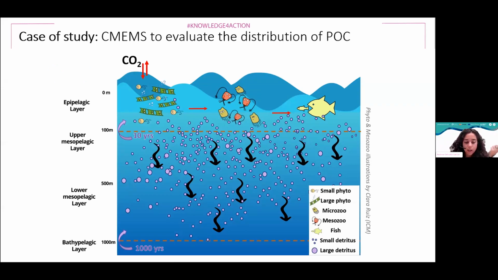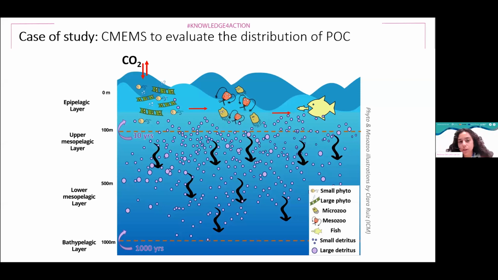It includes the carbon from large and small phytoplankton, the carbon from micro and mesozooplankton, and the small and large detritus. This detritus includes the organisms' poo, and the rest from sloppy feeding all along the food web.